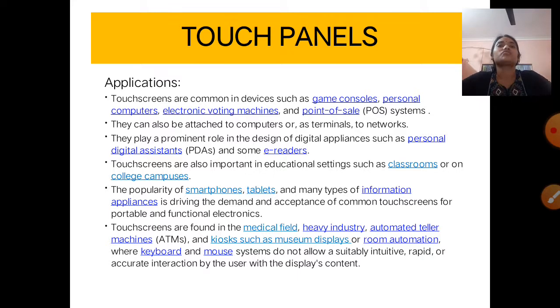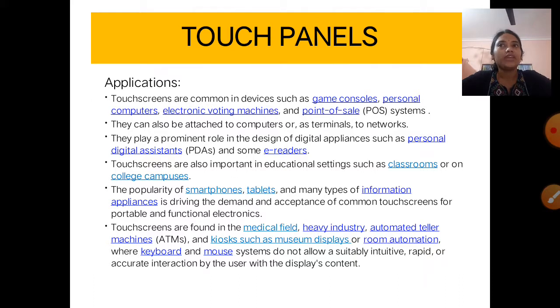Applications where touch panels are used. Touch screens are common in devices such as game consoles, personal computers, electronic voting machines, and POS systems. They can also be attached to a computer or to a network as a terminal.